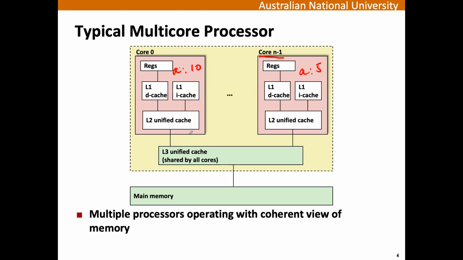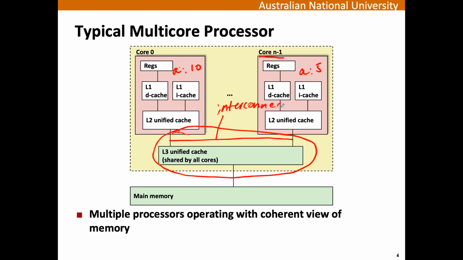This is all enforced by a shared interconnect that provides a communication mechanism between the cores. So when they read and write variables that have a single copy in the virtual address space, they get a coherent view of memory.